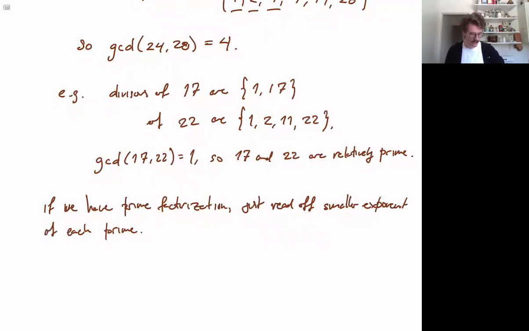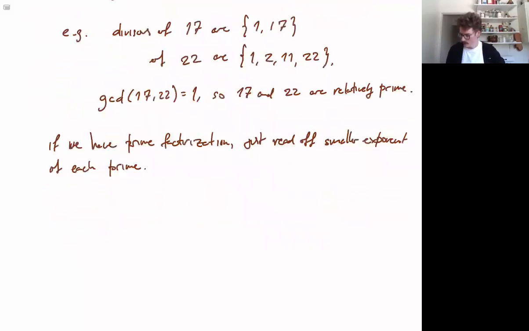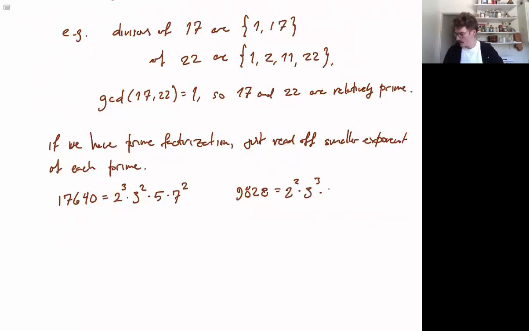Let's do a quick example of that. Here are some big numbers with some prime factorizations. This is 2 cubed times 3 squared times 5 times 7 squared. And this is 2 squared times 3 cubed times 7 times 13.